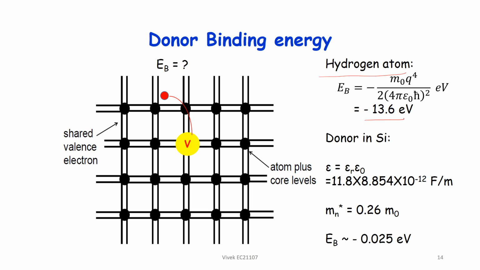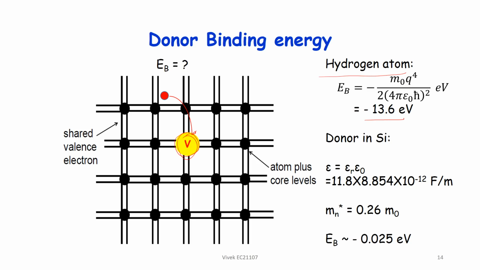You can compare this impurity group 5 atom to a hydrogen atom, not exactly, but similar. It has one electron which is loosely bound, so this loosely bound electron is relatively free.